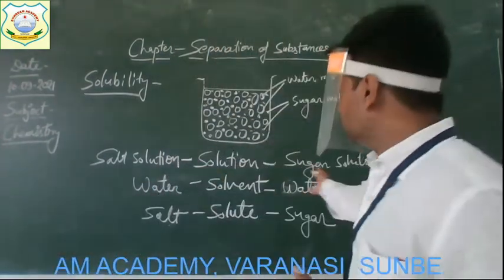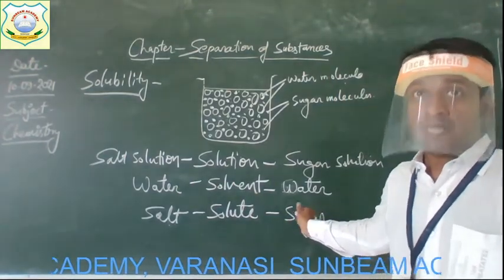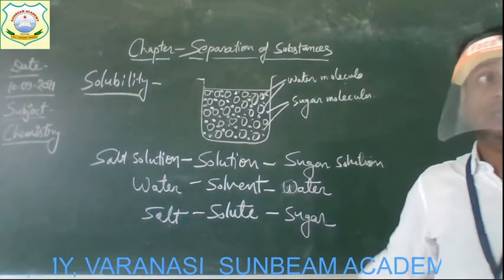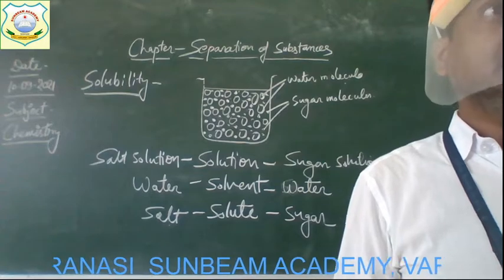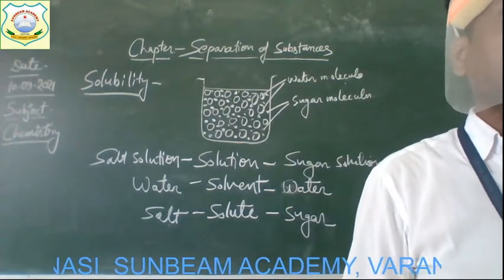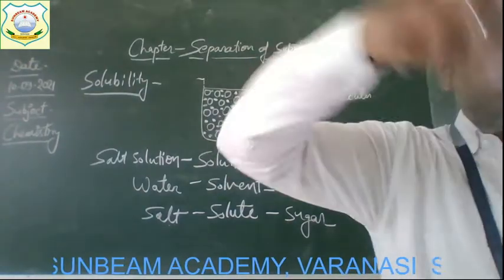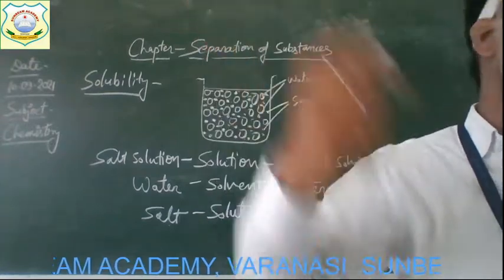And the two examples I have given are very simple examples. You know that you have done it, is it not? For preparing sugar solution, especially to make lemonade in summer season, you take water in a glass, cold water. You add sugar in it. You mix, stir it, and when it dissolves, you add some lemon juice. Now your lemonade is prepared.